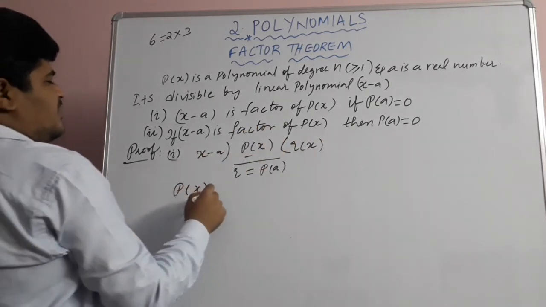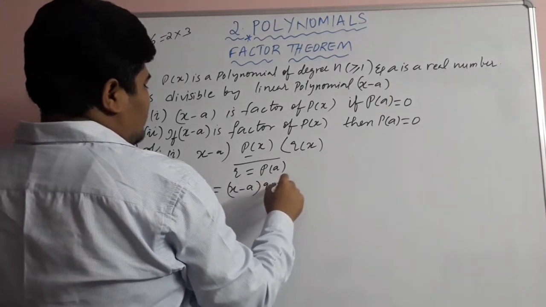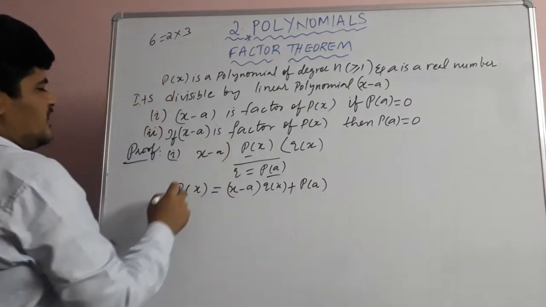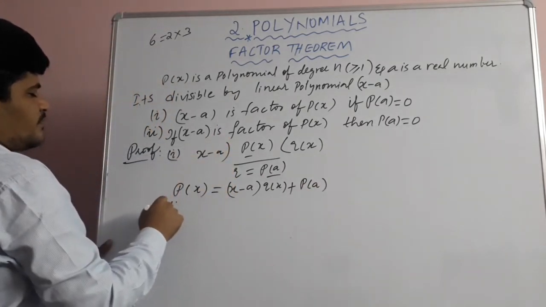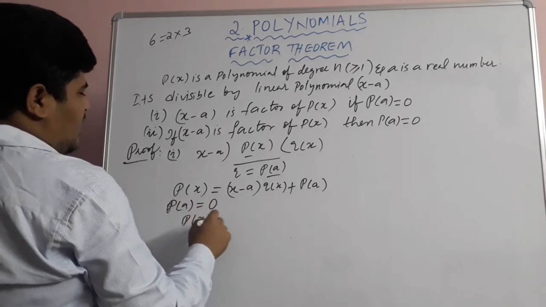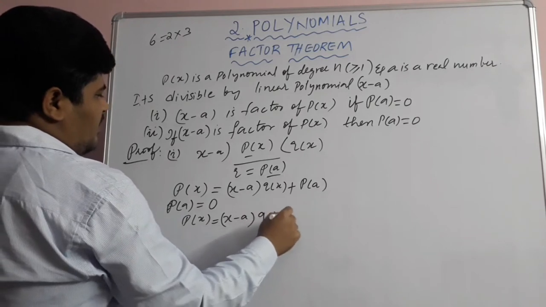So P of x is equal to x minus a into q of x plus the remainder, that is P of a. Here the question gives P of a equal to 0, so P of x can be written as x minus a into q of x plus 0.